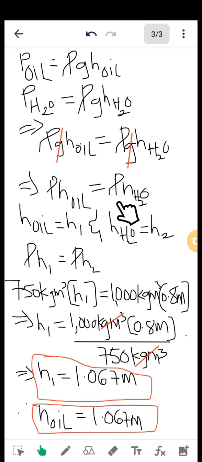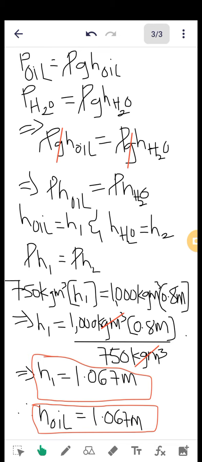The gravity cancels the gravity. The density of the oil has been given in the question as 750, and the density of the water too has been given. Remember, the height of the oil we can denote as H1, and the height of the water as H2.